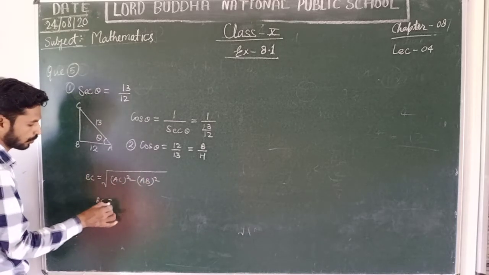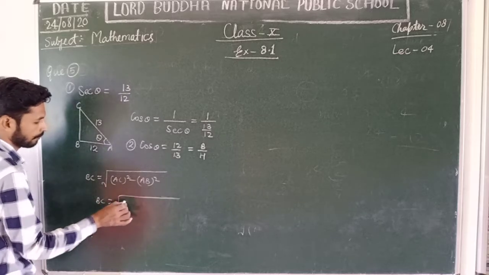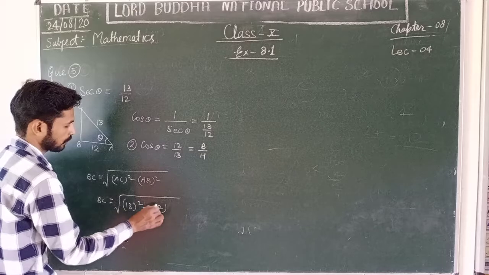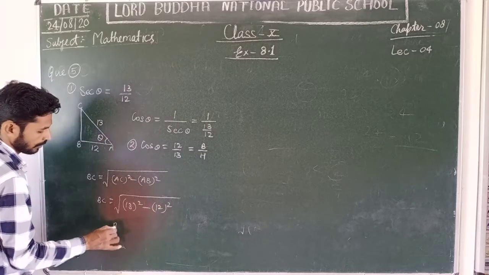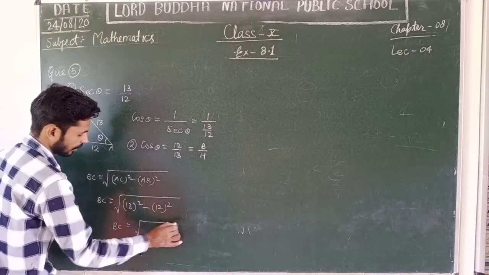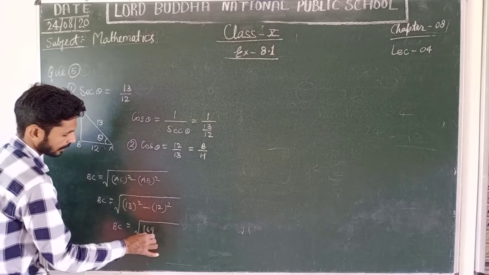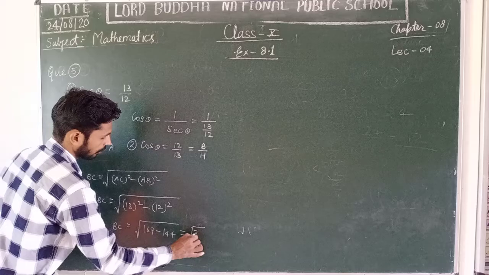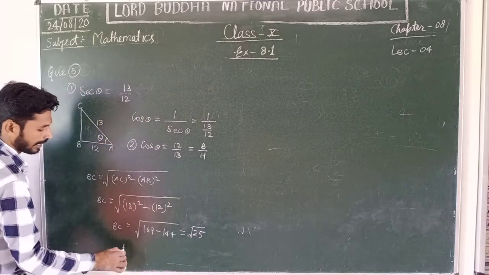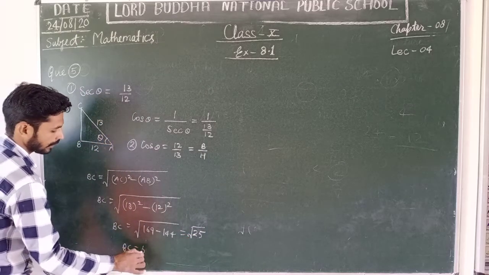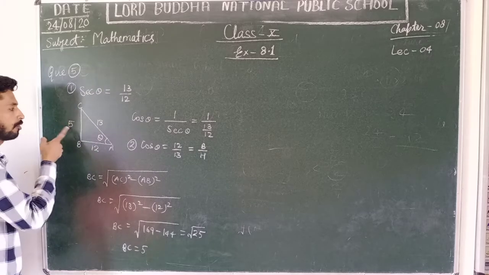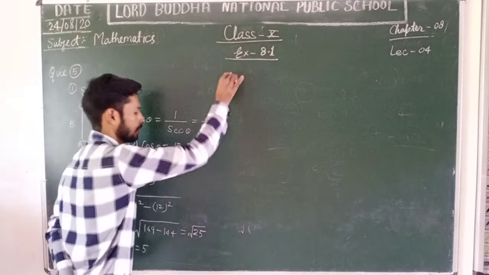So BC equals square root of 13 square minus 12 square, that is under root of 169 minus 144, which is under root of 25, so the value of BC equals 5. So we can say here the value of perpendicular is 5.